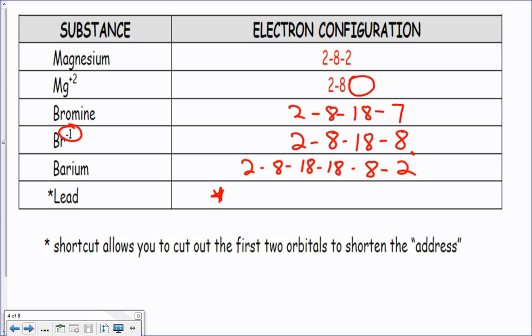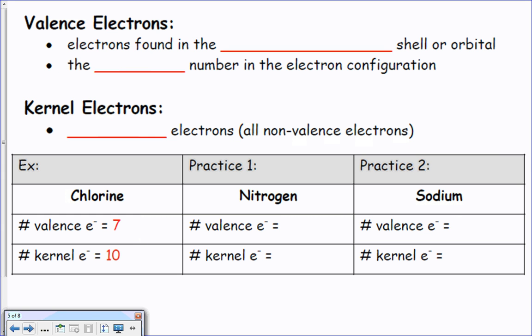The shortcut allows you to cut out the first 2 orbitals and shorten the address. So I can take out the first 2, which is of course the 2, 8, and then I'm given 18, 18. Okay, I lied. It's 18, 32. Getting ahead of myself. 18, 32, 18, 4.